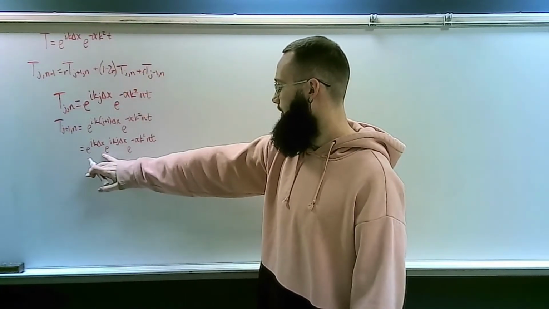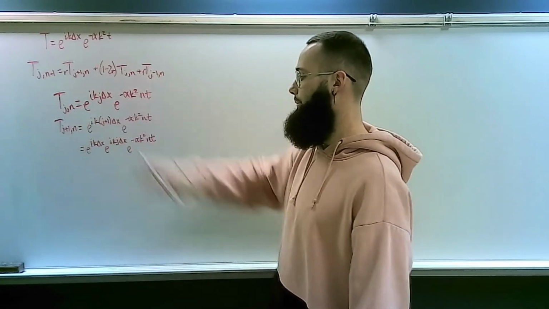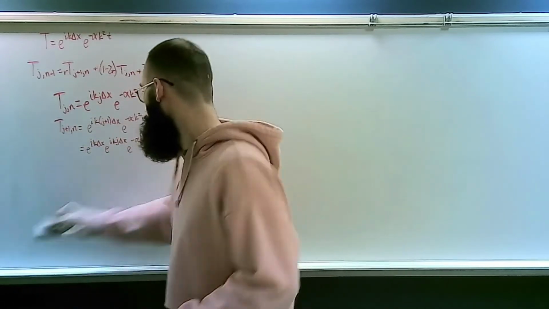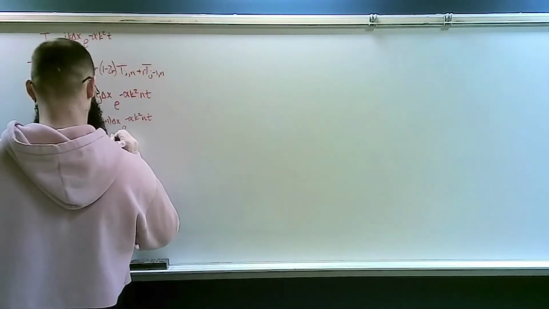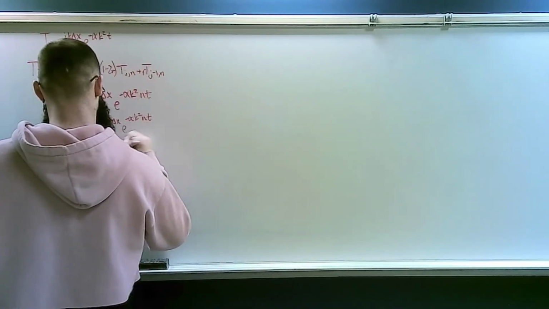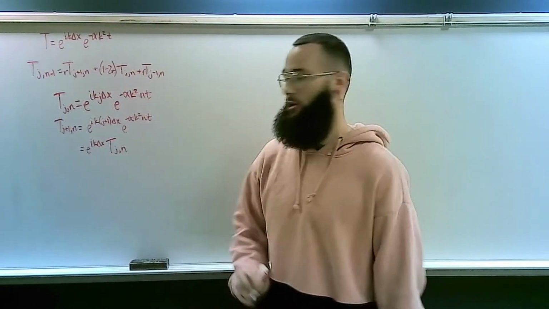As you can see, these two terms are exactly equal to t j comma n, so I'm going to go ahead and substitute that in for those two terms. And that's going to be our value for t j plus 1 comma n.